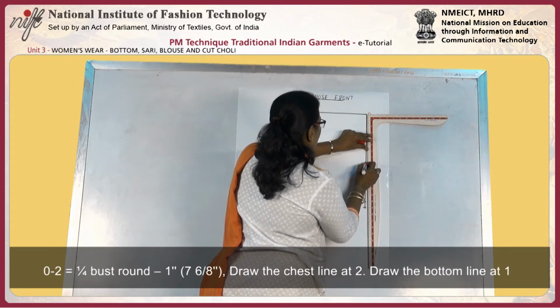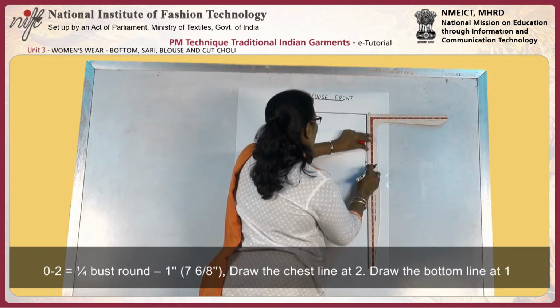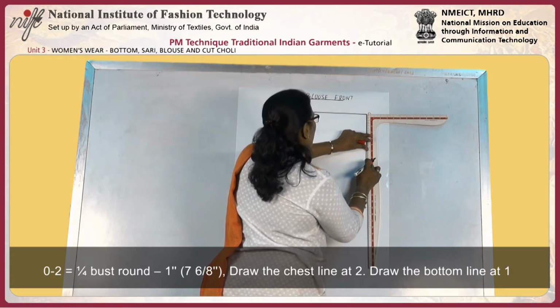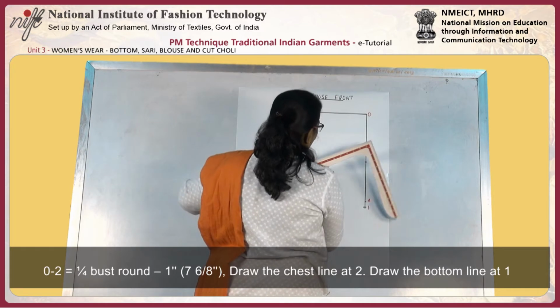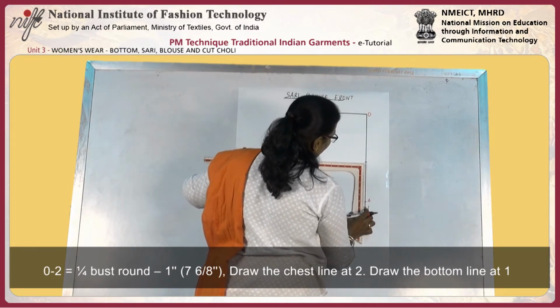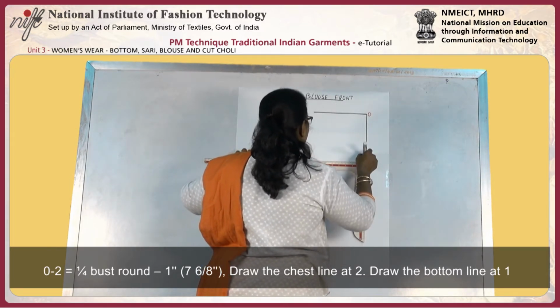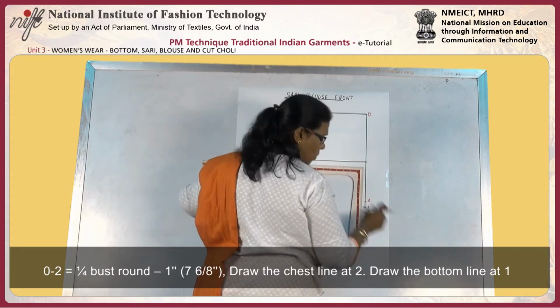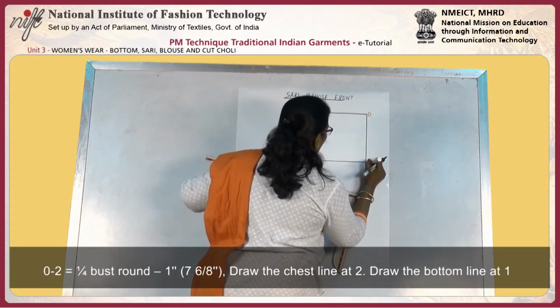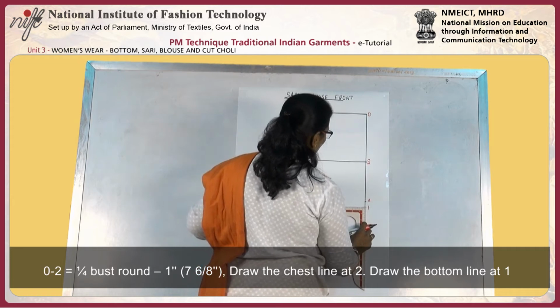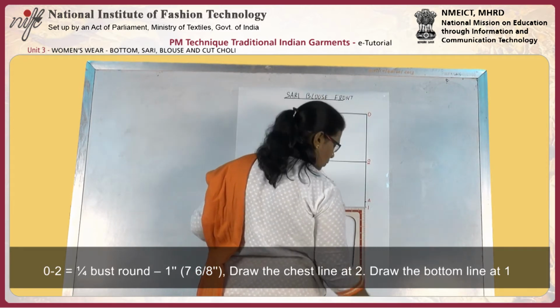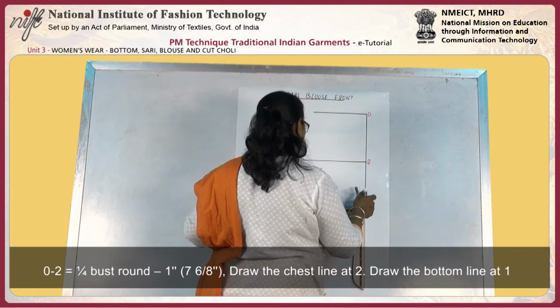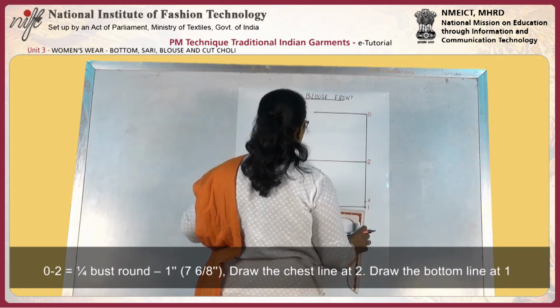So 8, 6 by 8 minus 1 inch is 7, 6 by 8, and draw the perpendicular line at 2, and the bottom line should also be perpendicular, and draw all the basic lines.